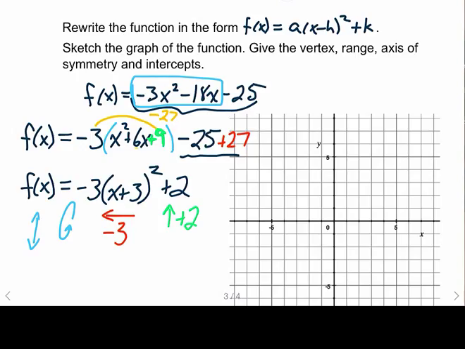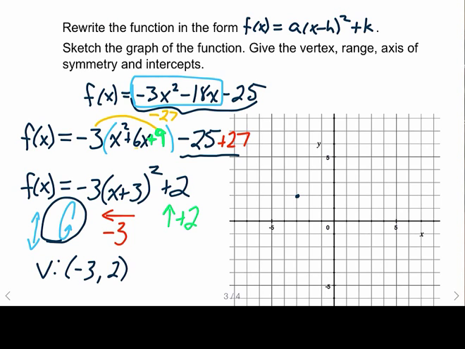So I have a vertex of negative 3, 2. Let me plot that. Negative 3, 2. And then I see that this parabola opens down because of the flipping.